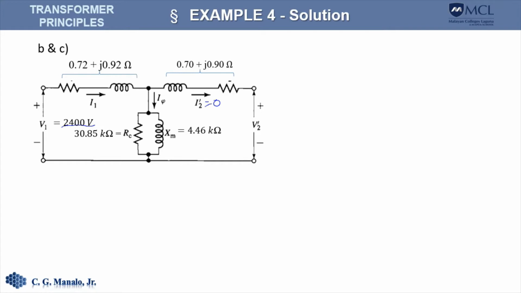So that means that these terminals here are actually an open circuit. So here we're tasked to determine the exciting current and its components I sub C and I sub M, and also this voltage here.